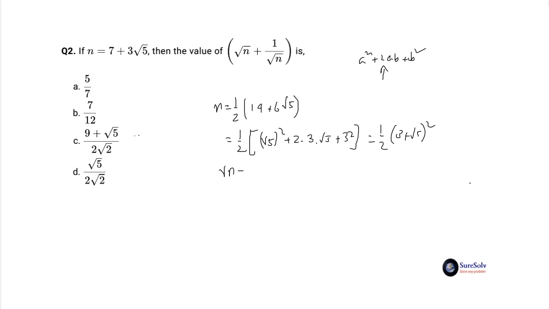So, square root n equal to 1 by square root 2 multiplied by (3 plus square root 5). With this value finally, square root n plus 1 by square root n equal to 1 by square root 2 multiplied by (3 plus square root 5) plus square root 2 divided by (3 plus square root 5).